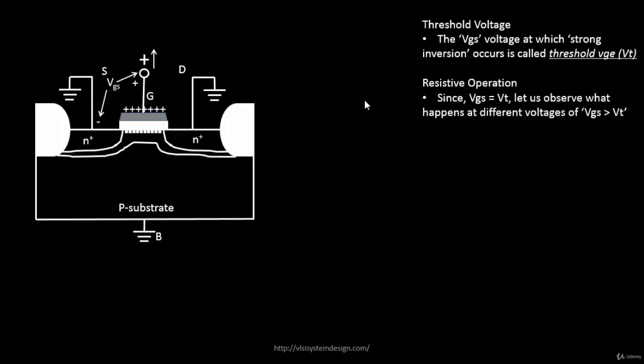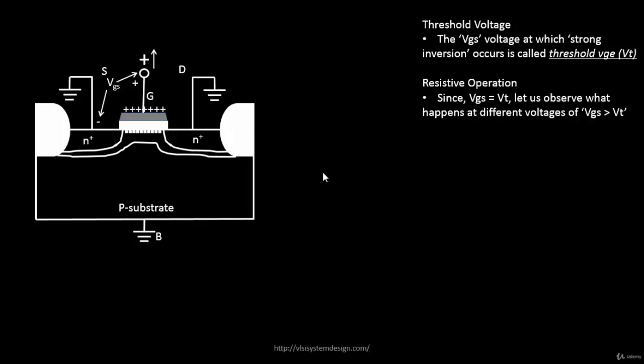Next we have to see what happens now, since we know that at VGS equal to VT some phenomenon is happening. Now we have to observe what happens at different voltages when we increase VGS greater than VT. One thing is very obvious: the more you increase VGS, there will be more and more charge carriers in the channel region, and you will find more and more conducting area between the source and the drain.